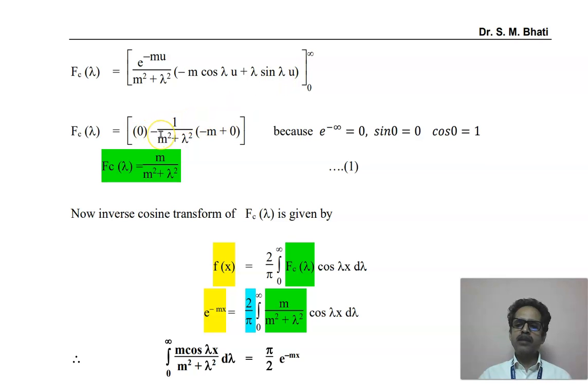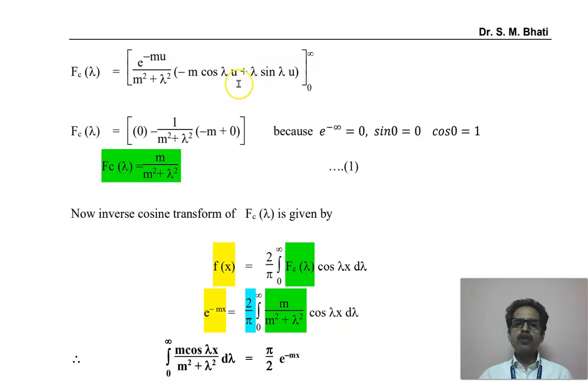Then there is a minus sign, and now we put u equal to 0. So e raised to minus m into 0 is e raised to minus 0, which is 1, upon m square plus lambda square as it is, and further we find minus m cos 0 plus lambda sin 0.